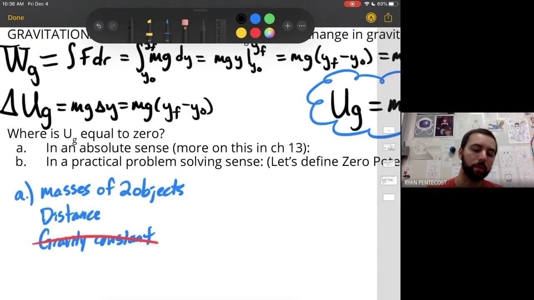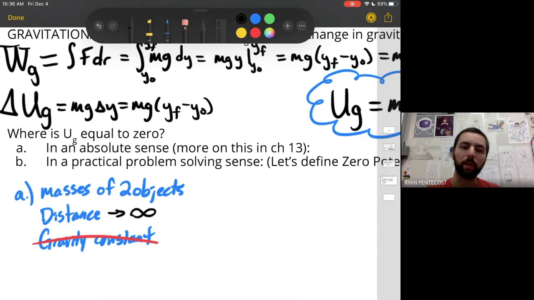So in an absolute sense, how could you have potential energy equal to zero? You could have a mass approach zero mass, but that kind of eliminates the object, right? So one way is to have your distance approach infinity. As you get infinitely far away from the object, its gravitational effect on you is going to diminish to zero.